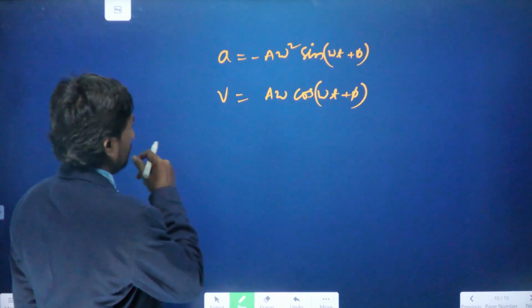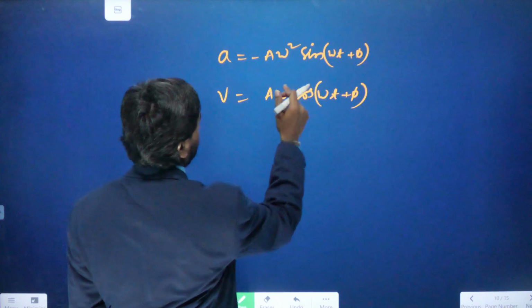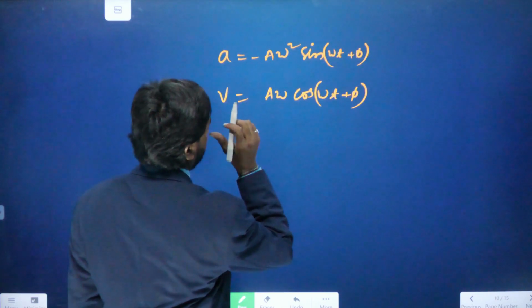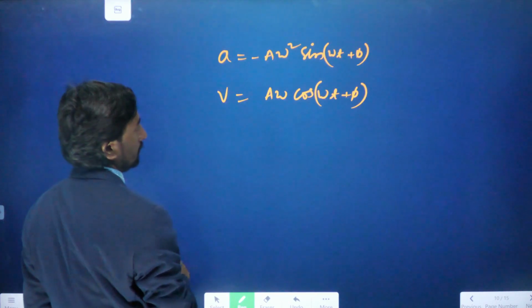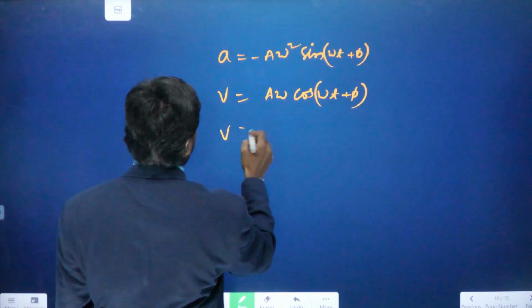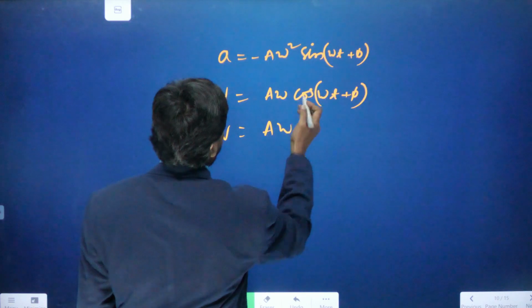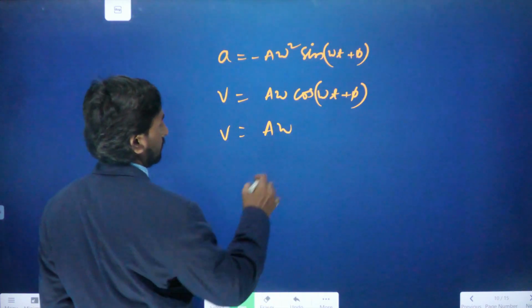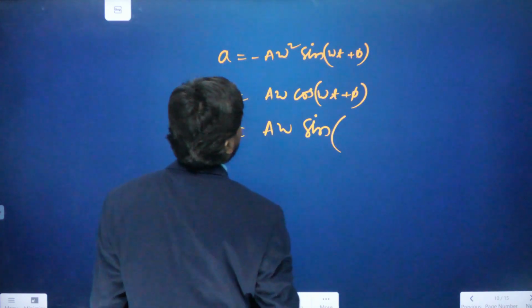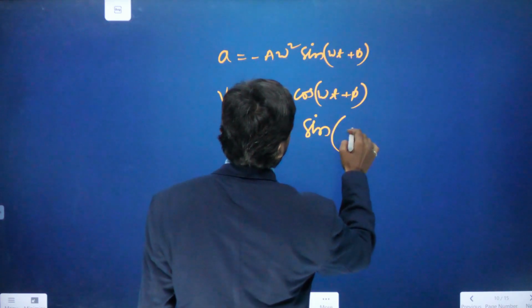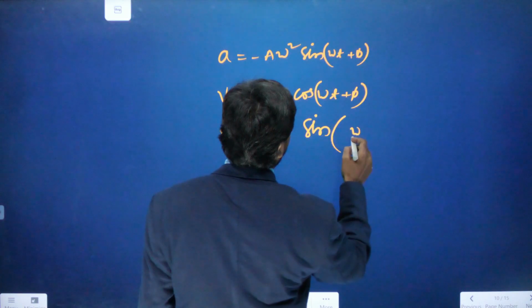Now, if we want to convert this term into the cos function, we can write it like this: sine of 90 minus theta.